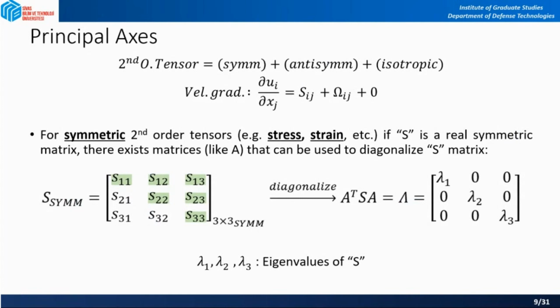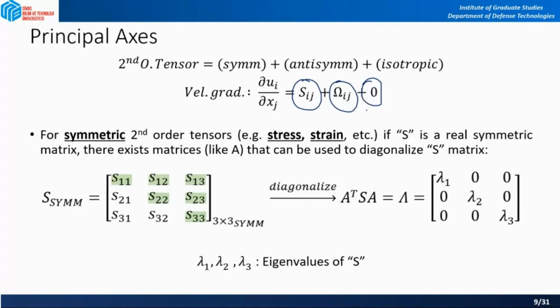So there are few other concepts. The first thing we saw was related to decomposing of second order tensor. We saw that we are able to mathematically decompose it into isotropic and symmetric, anti-symmetric, and when we decompose the velocity gradient, what you get was strain rate and rate of rotation, and this part is the isotropic part, which is zero for incompressible flow.